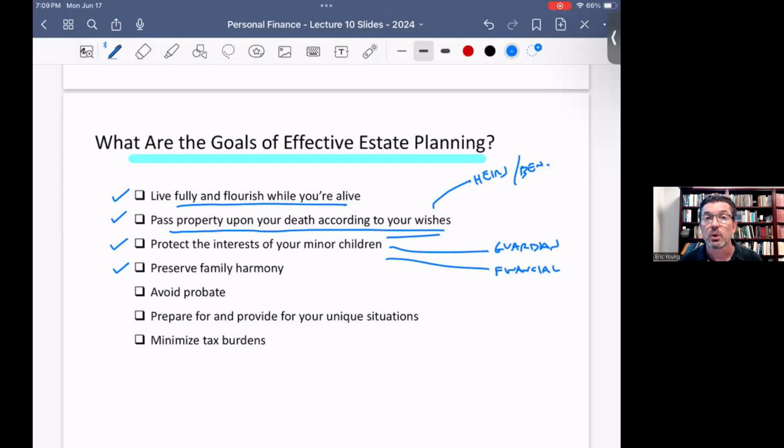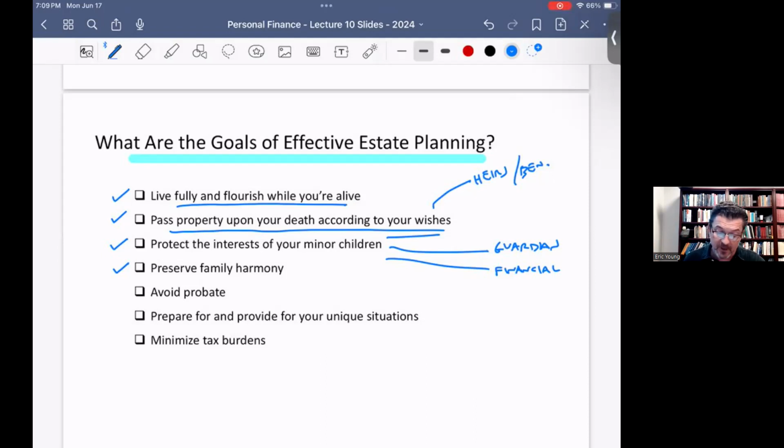And if you don't have a good plan, there's a good chance that the people that you leave behind will rapidly move from grieving you to fighting each other. It's a sad but true fact of estate planning and of the world of fiduciary and probate work that families disintegrate and they go into civil war if you mess up your plan.